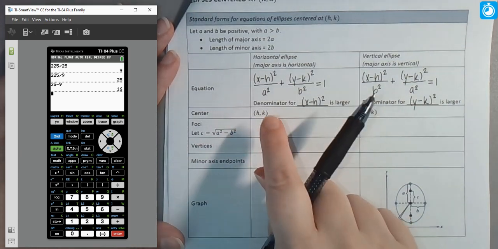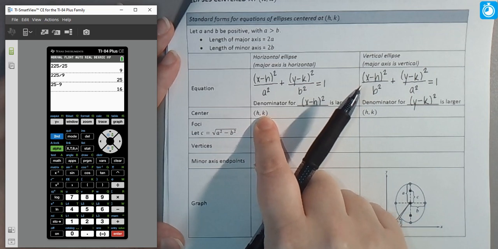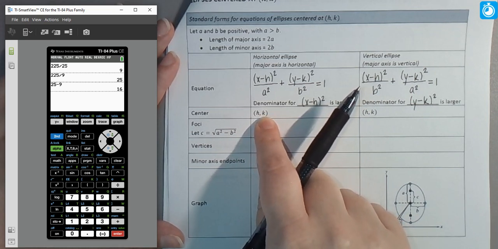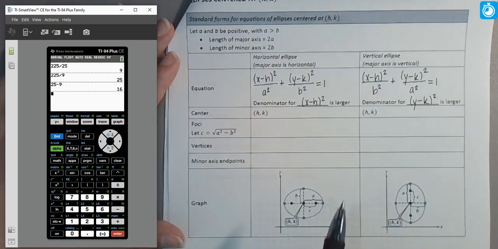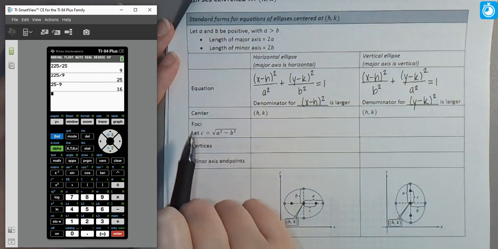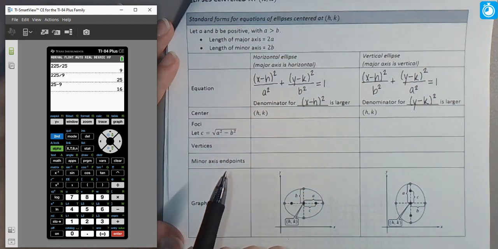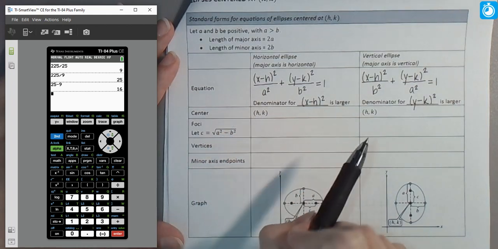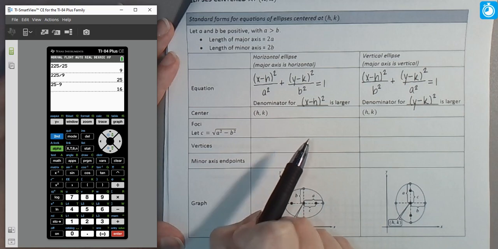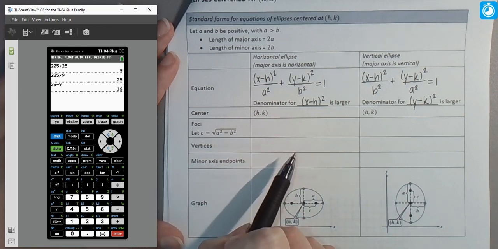So that means we're going to hold our y-coordinate constant. Now it's no longer a 0, it's now the value k, whatever that happens to be. So we're going to hold that value constant because we're just moving horizontally. We're moving C units away from whatever the value for h is. So C units in the positive direction and C units in the negative direction.